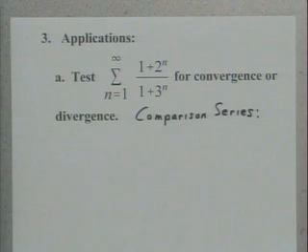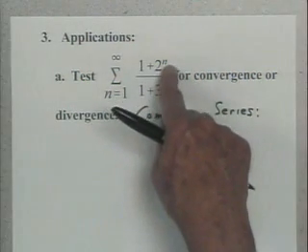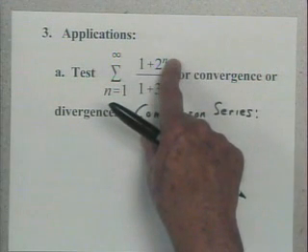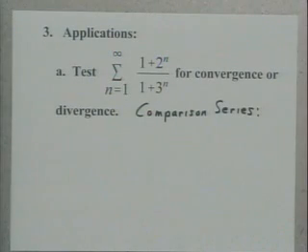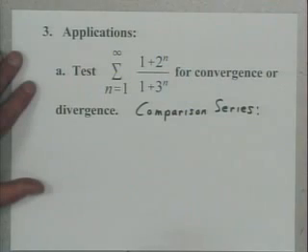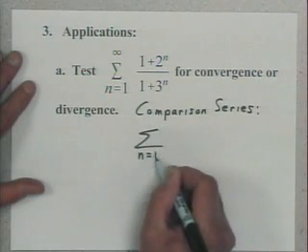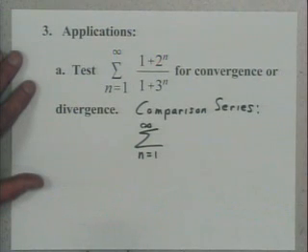Well, I want to pick one that I know something about. What kind of a series tends to have numbers to the nth power? Now, last time it was n to a power. That was p series. Now it's reversed. Now it's a number to the nth. What kind of series tend to be that kind? Okay, so what am I going to do? Compare it to a geometric series. And can you see which one we're probably going to use? You get used to it, and it's not so bad to pick them out.